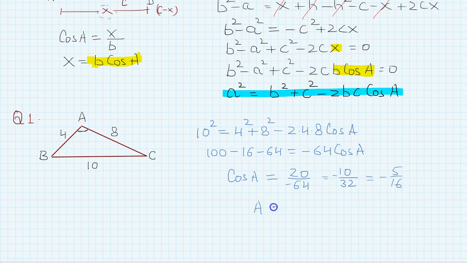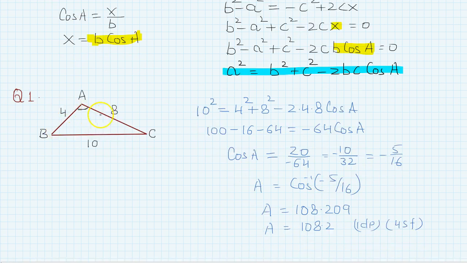So A is equal to cos inverse of minus 5 over 16. We use the calculator to find this value, so we'll get the angle A. So A will be 108.209. So you can write A is equal to 108.2, 1 decimal place, or 4 SF, whatever the question asks.